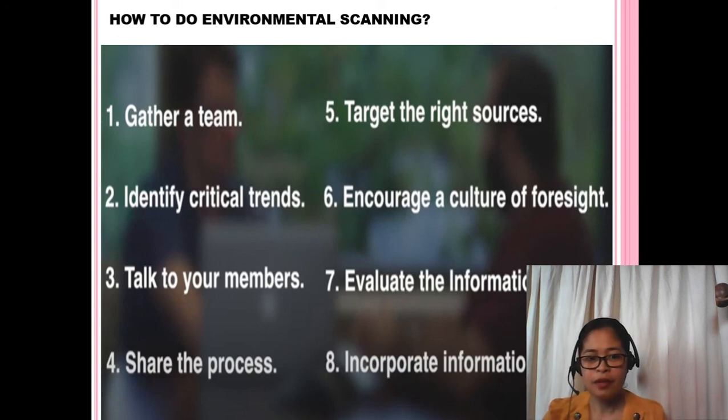Then encourage a culture of foresight. You're going to be futuristic, and evaluate the information. You have to know if such information can affect you or not. And then incorporate the information, which should be written.